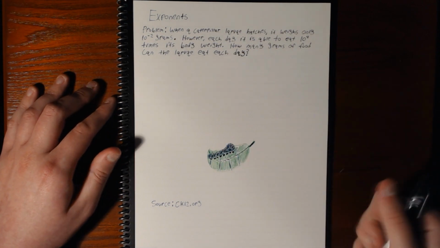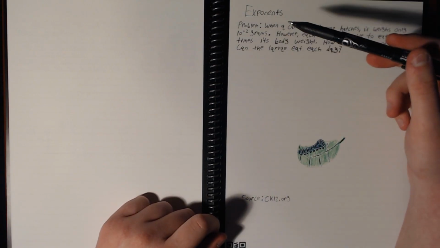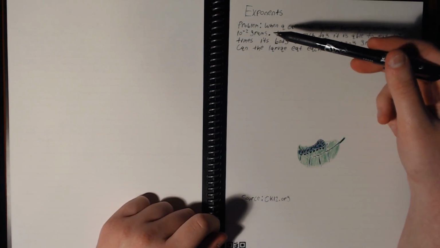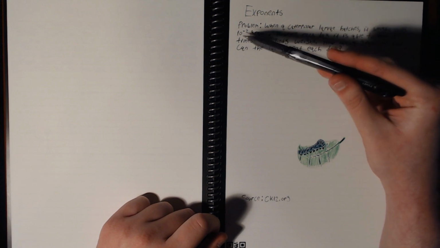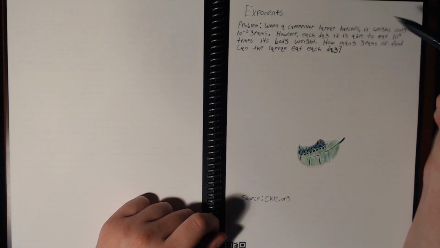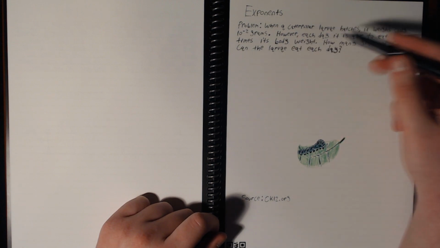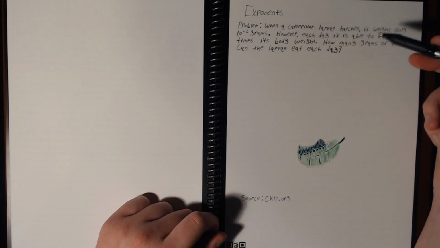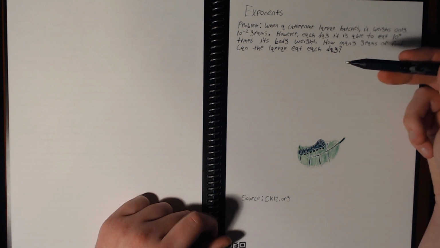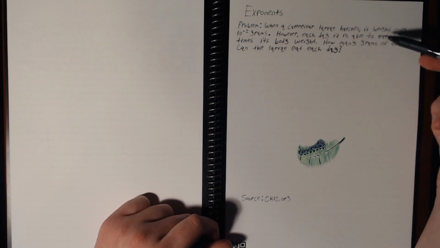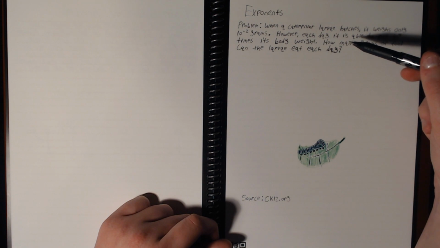Anyways, we're given three parts to this problem. We're given the 10 to the negative 2 grams. We're given the 10 to the 4 times its body weight. And then we're given something to solve for, which is how many grams of food the larvae can eat per day.